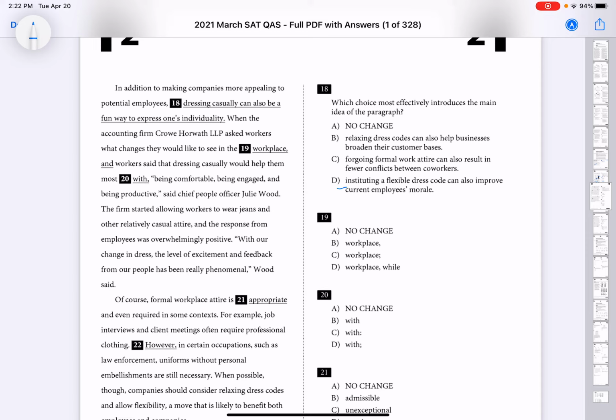So it looks like they're speaking about instituting flexible dress codes can improve current employee morale. And they talked about employee morale here at the end. So 18 here should be D. 19. When the accounting firm asks workers what they like to see in the workplace. Okay, so 19 here should be B.